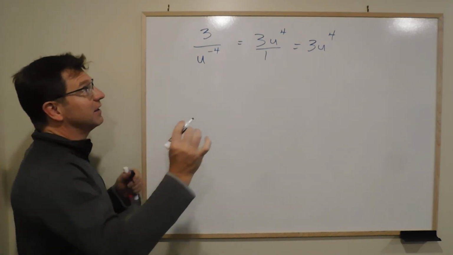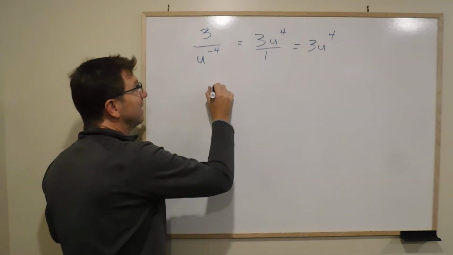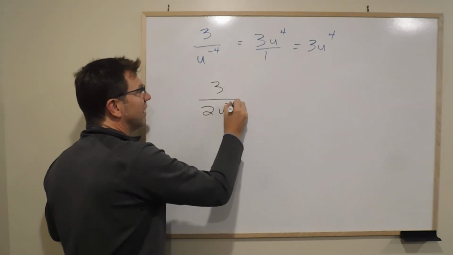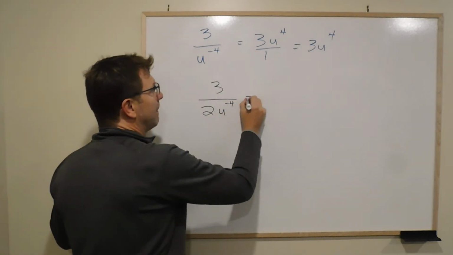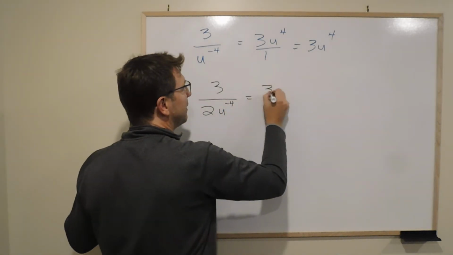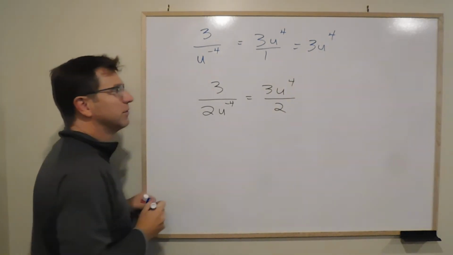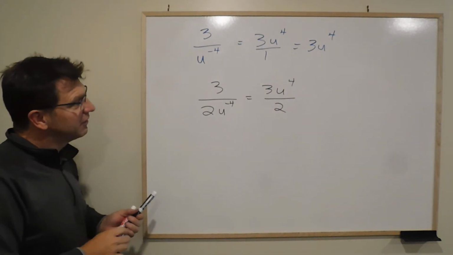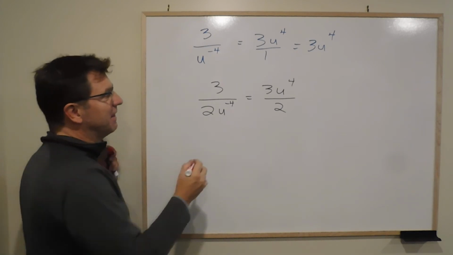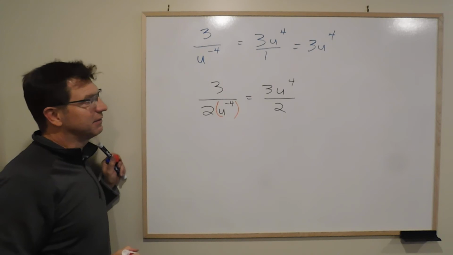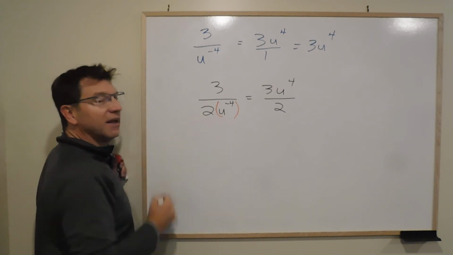Right? What if, and I'm going to change this one just slightly, 3 over 2u to the negative 4. Okay? Now, this is 3u to the 4th over 2. Okay? And what happens is this here has a negative exponent, right? This 2 does not have a negative exponent.